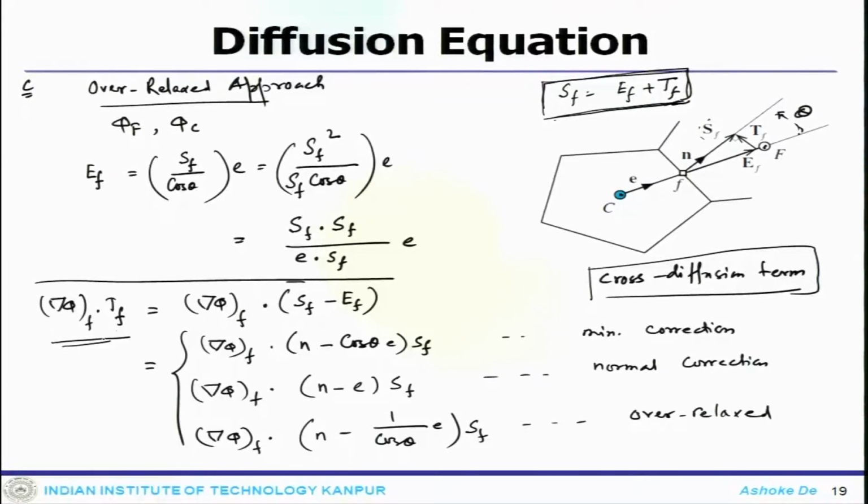So, what happens is that, as we said, the cross diffusion component is absolutely 0 for an orthogonal system. So, that actually brings the non-orthogonal system back to an orthogonal system, or the behavior of the non-orthogonal system, when you assign this cross diffusion term to be 0, becomes an orthogonal system.